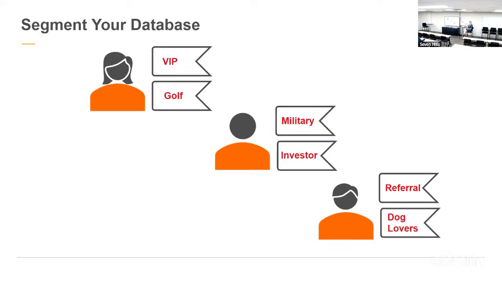Understanding, like if you have someone in your database that is a golf enthusiast, maybe you're in a team meeting and you hear somebody that has a potential listing that's on a golf course, just knowing that they may want to move. That's just a general example, but you get how important it is to segment your database. And here's some other ideas.